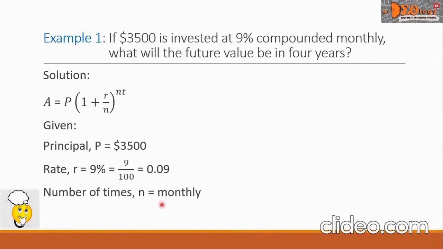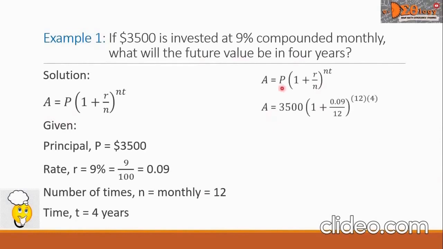So we will write n equals 12. Next is the time, denoted by T, and that is 4 years. So in this problem, we want to get the future value using this formula. Let us copy again this formula here, and then let us do the substitution.